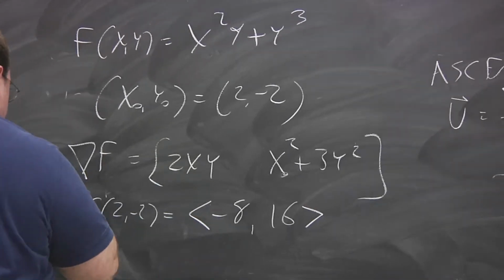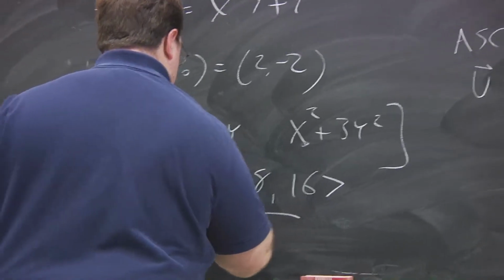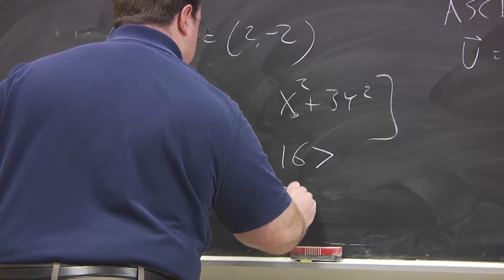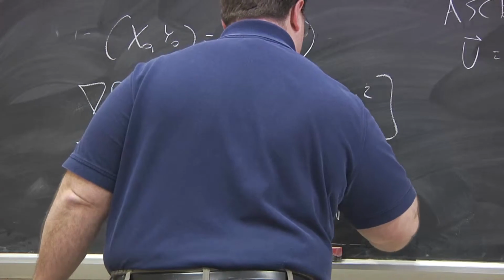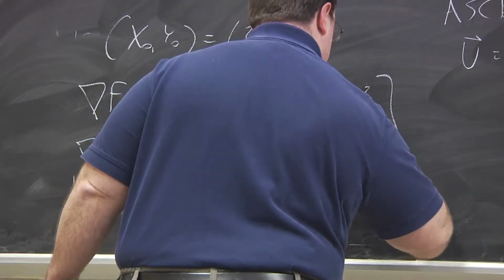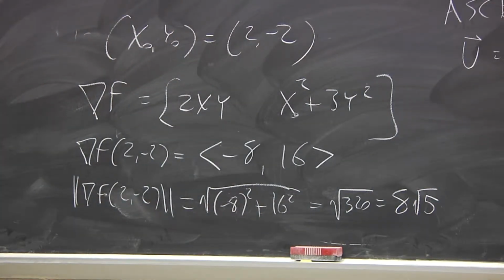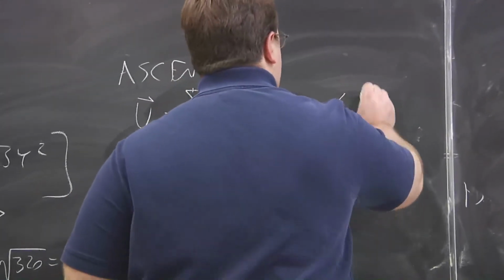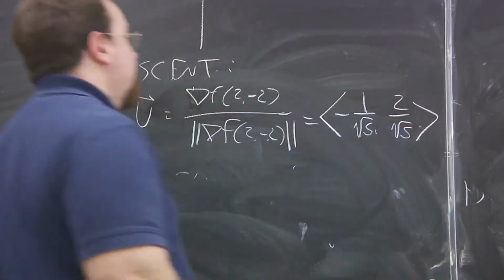Now the magnitude of the gradient at this point is the square root of 8 squared plus 16 squared. So that's the square root of 320. So that's 8 times the square root of 5. Right. So by normalizing this vector, our direction of steepest ascent is going to be minus 1 over square root of 5, 2 over square root of 5.